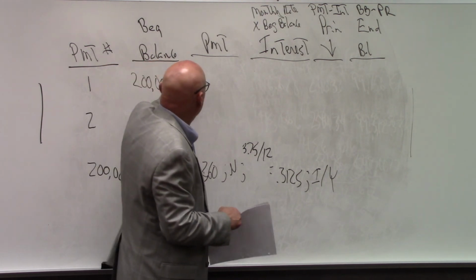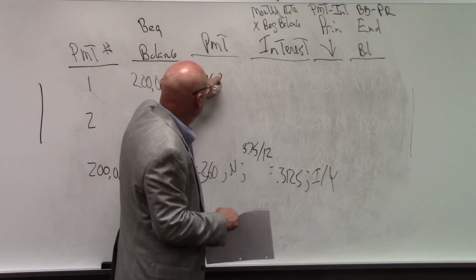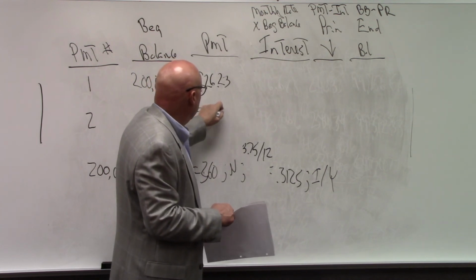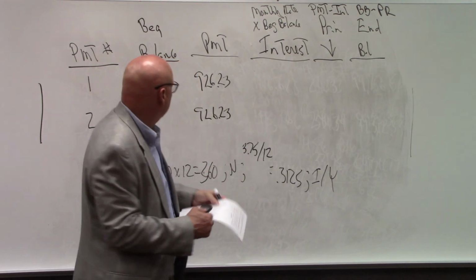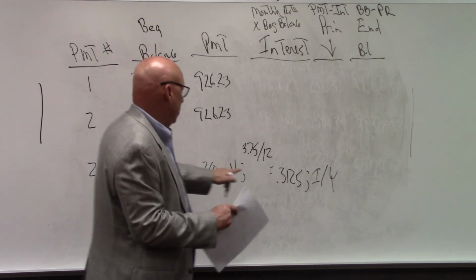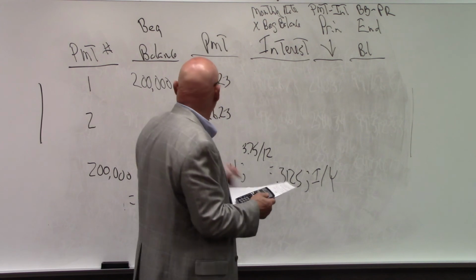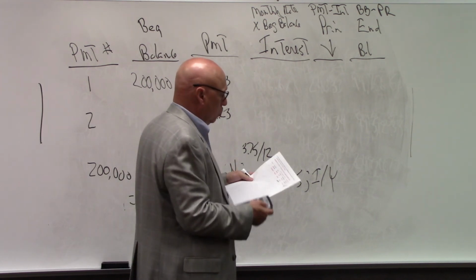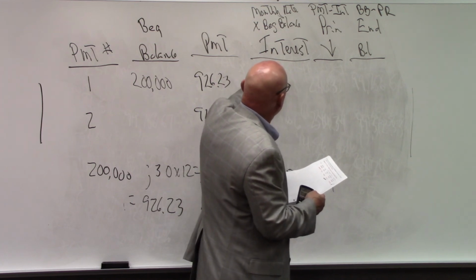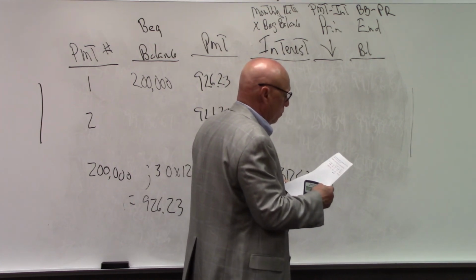So let's go ahead and fill the payment in, 926.23 and 926.23. And let's find the interest charge for the first month, and that would be 0.003125 times 200,000, and the answer is $625. Again, a little rounding going on in there, okay?